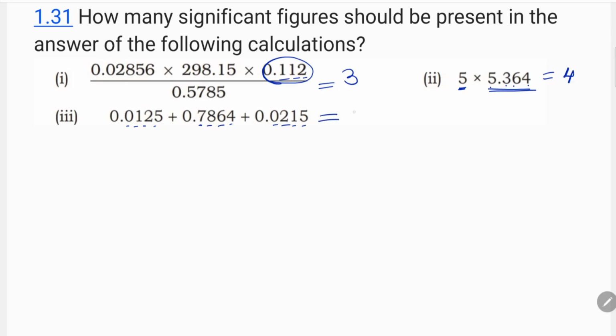So its significant figures are also going to be 4. Over here this number has all non-zero digits in the 4 decimal places, so obviously it's going to have 4 significant figures. Or you can do it the other way also: you can calculate it and then get the significant figures.